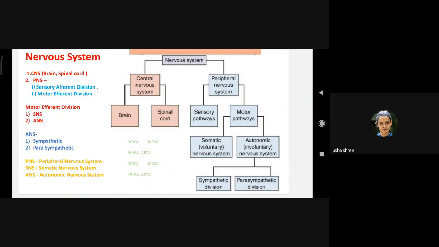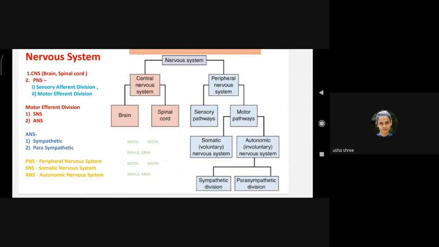Now, this peripheral nervous system is further divided into sensory pathways and motor pathways. And what are sensory pathways? Sensory pathways are those pathways which receive information from the body and send it to the central nervous system.